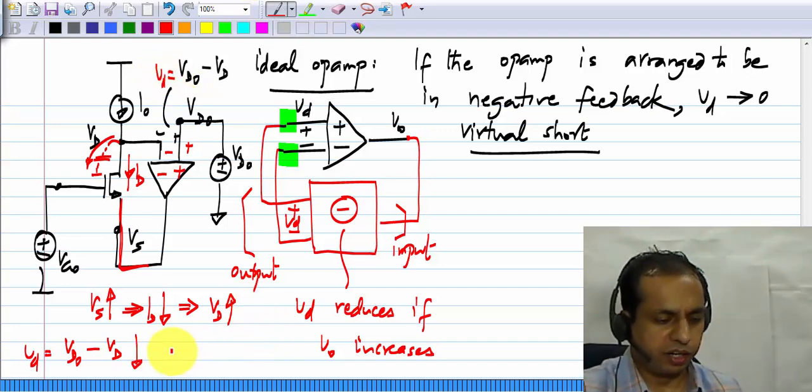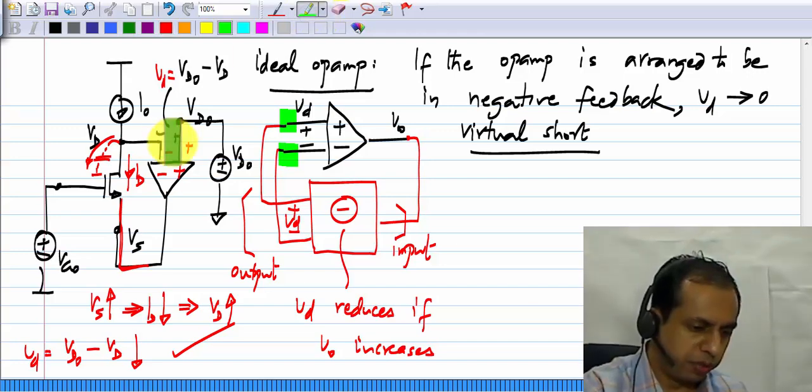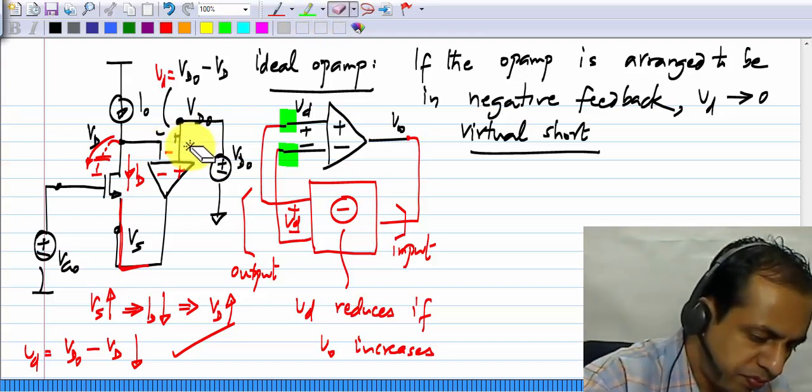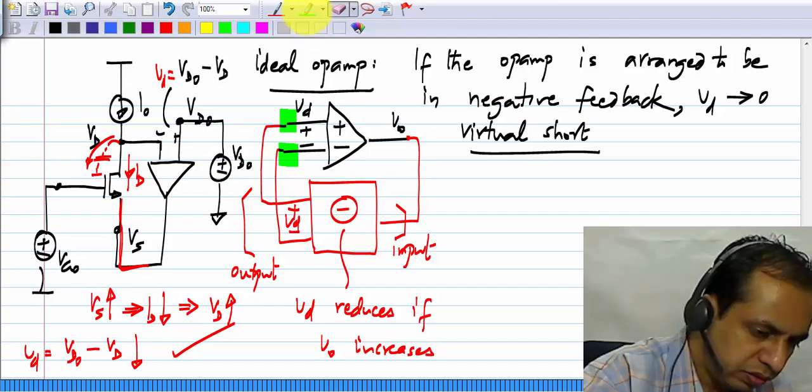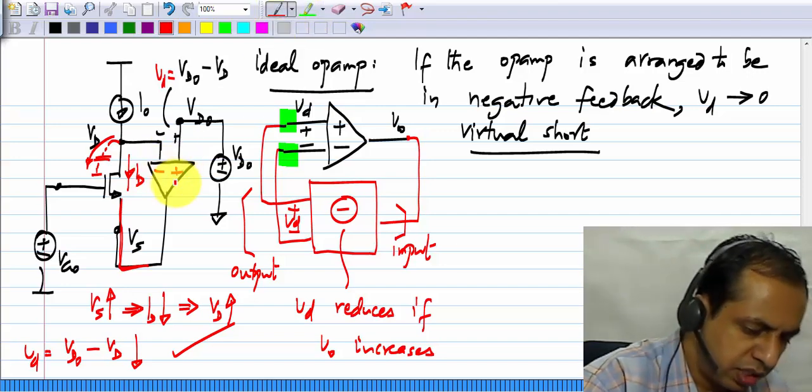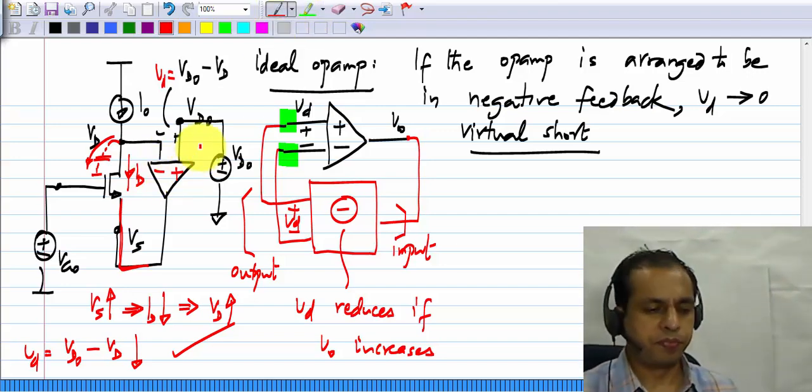So it is in negative feedback. So the correct signs of the op amp are like that. Okay. So this is the way of biasing a transistor at a constant current I0 by sensing at the drain and feeding back to the source. Okay.